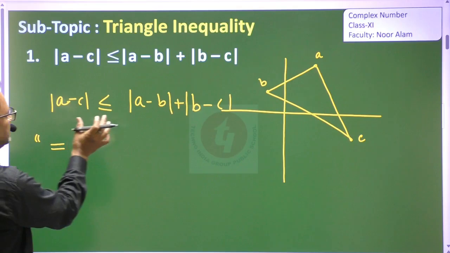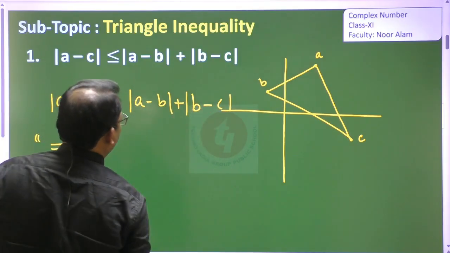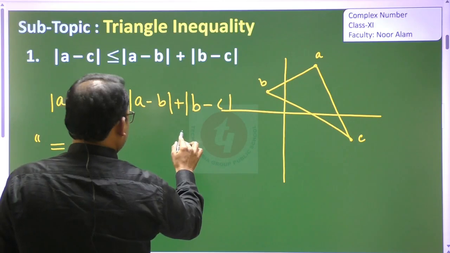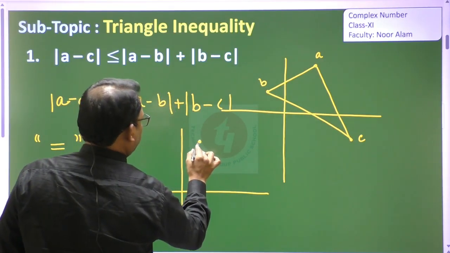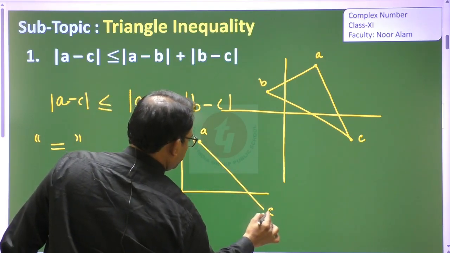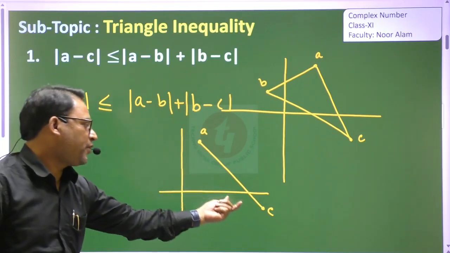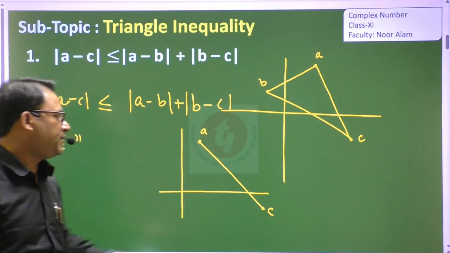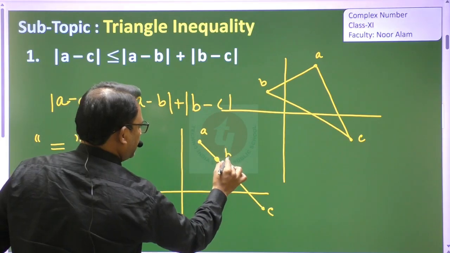When mod of A minus C will be equal to mod of A minus B plus mod of B minus C. Suppose I am moving from the point A to C, and B is a point on this line joining AC. B is anywhere on this line segment AC.